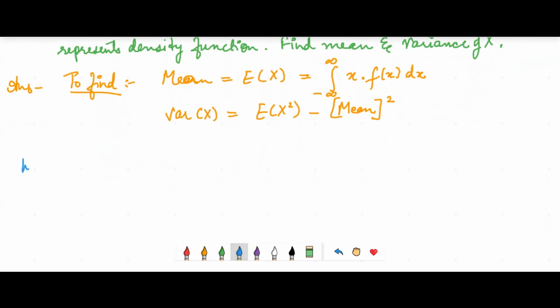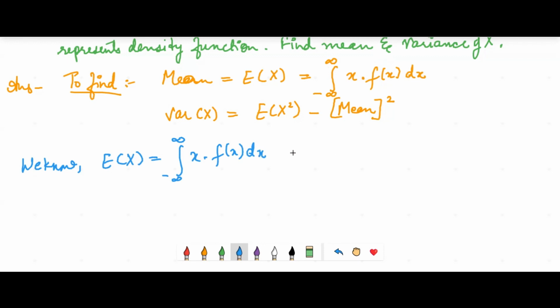So we know how to find out the expectation of x: the integral from minus infinity to infinity, x f(x) dx. As this is a continuous random variable, we always split the interval.